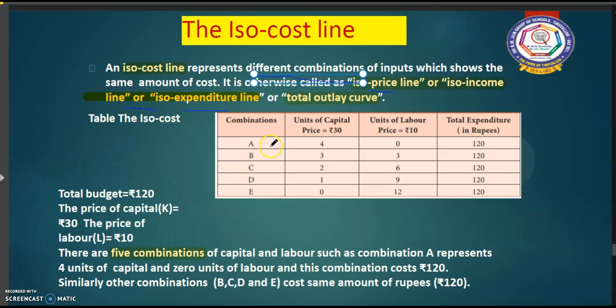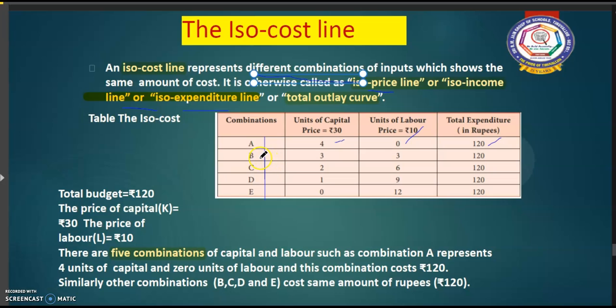So in this table there are 5 combinations of capital and labor, such as combination A, which represents 4 units of capital and 0 units of labor, and this combination costs rupees 120, that is total expenditure is 120.